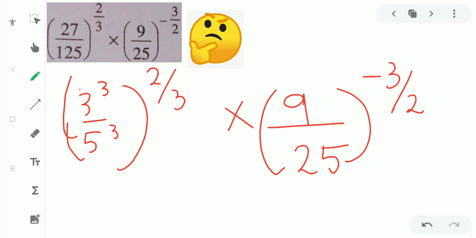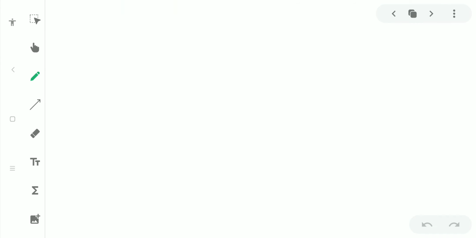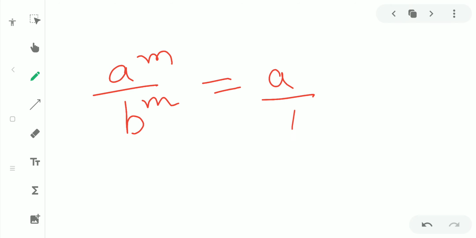Now here we can use the formula a power m by b power m is equal to a by b whole power m.